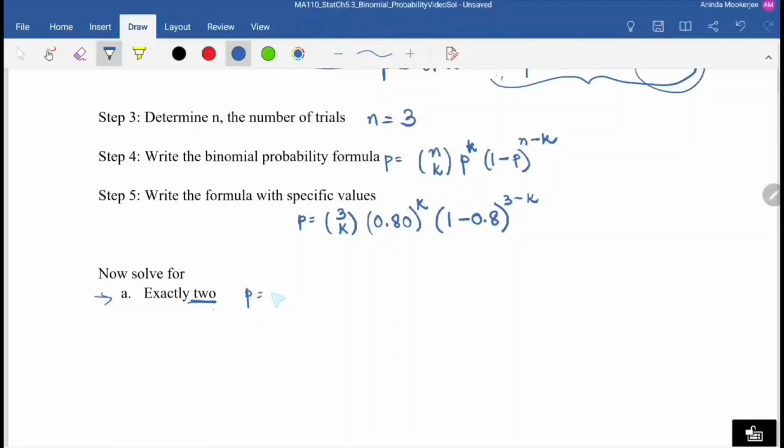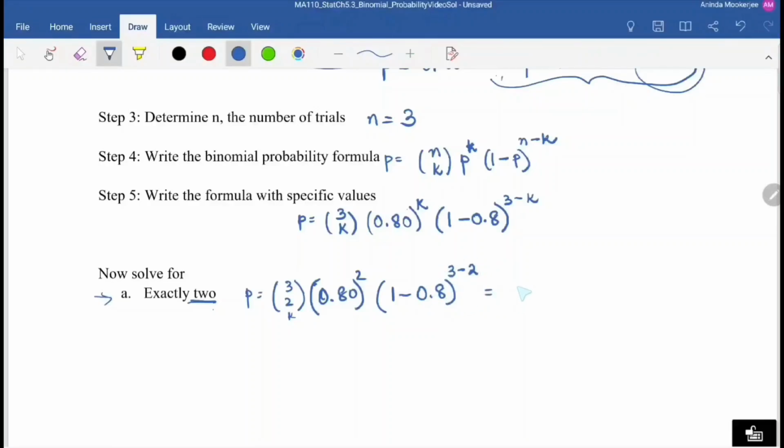So our formula is going to be 3 combination 2, 0.80 raised to the power 2. This is K, correct? Times 1 minus 0.8 raised to the power 3 minus 2, which is going to be a 1.